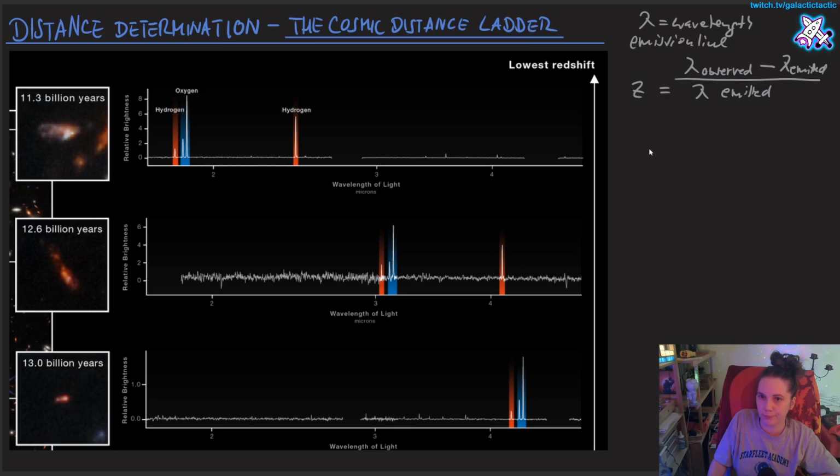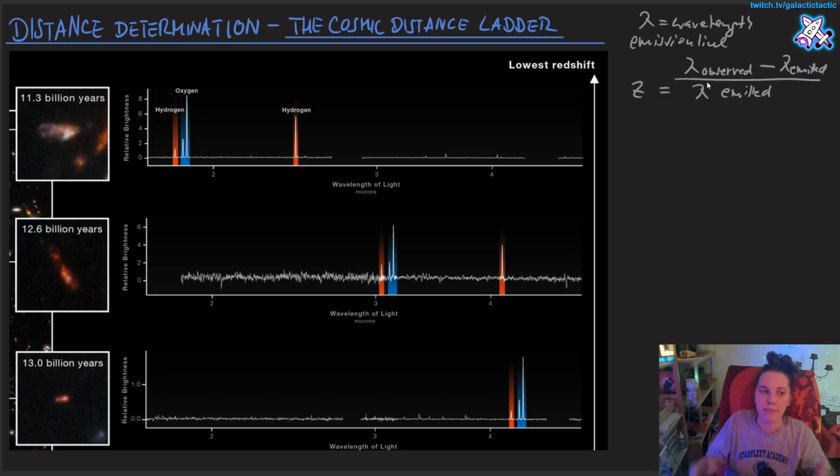All right. So this hydrogen line here has a laboratory value, which is the emitted value, right? There's a number here, I don't know, 2.6 or whatever in microns. And that is the observed value.